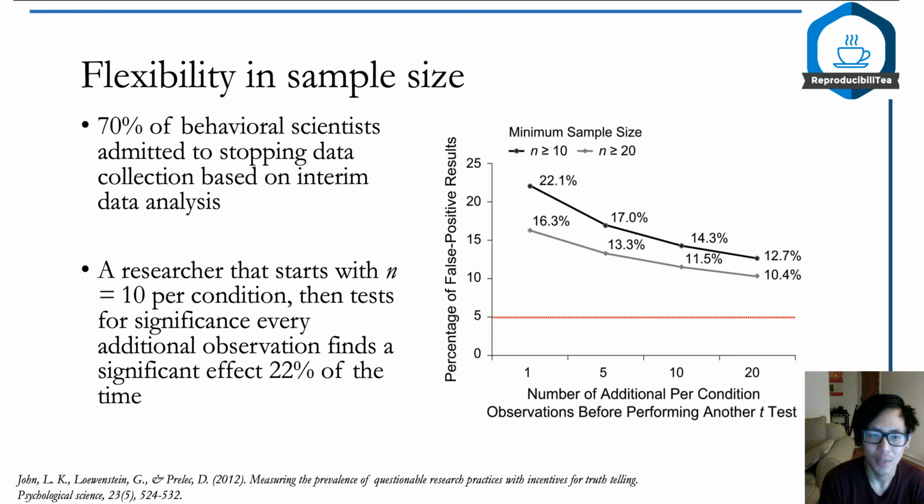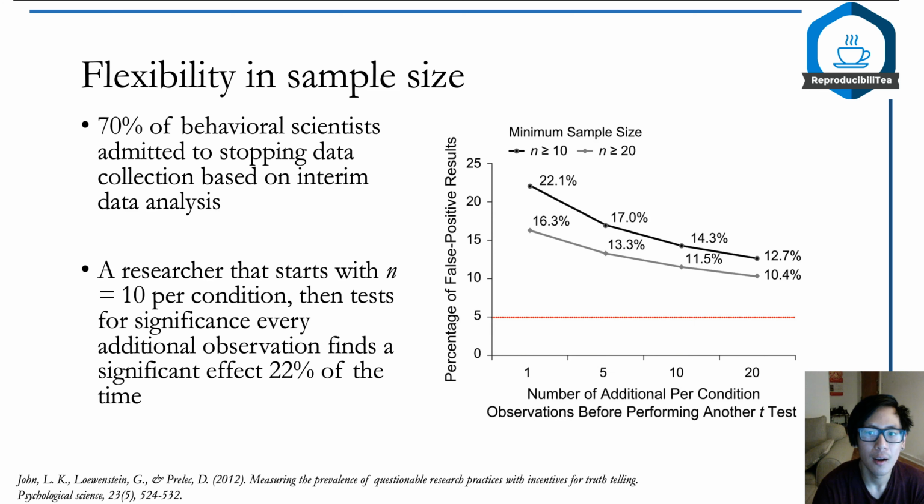So if it's every 5 subjects, you only find a significant effect 17% of the time, 10 subjects 14.3% of the time, and 20 subjects 12.7% of the time if you had started with 10 subjects. So this is problematic. We want to reduce the rate that we find false positives.